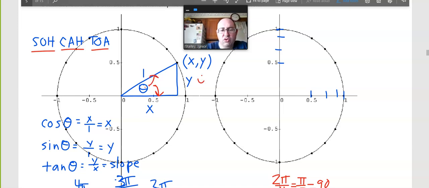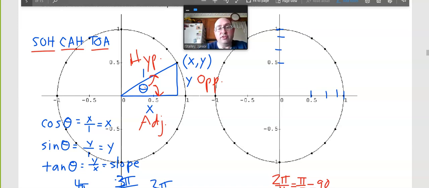Remember I taught you that you could classify that as opposite, hypotenuse, and that leaves you with one side, the adjacent side. But the adjacent side over the hypotenuse is x divided by 1. We know that that simplifies to x.